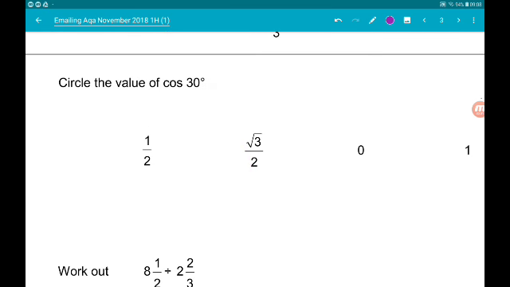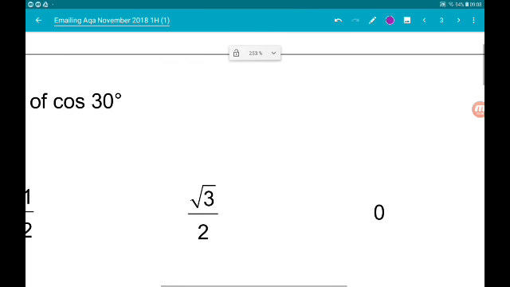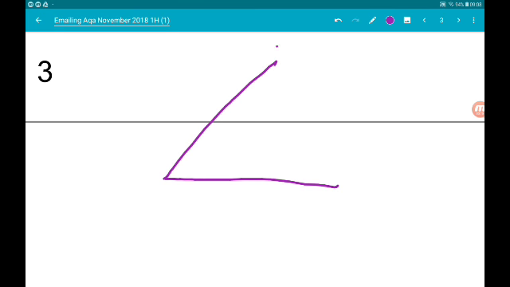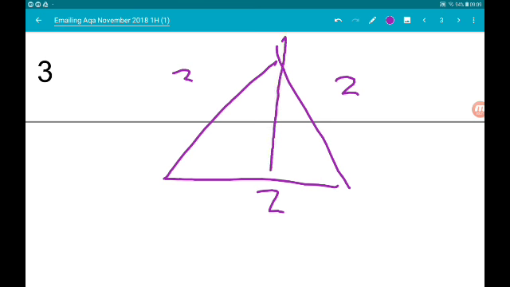Question 4 wants us to circle the value of cos 30. So it's an exact trig value. Very quick little lesson on how to do this. You start with an equilateral triangle with sides of 2. You cut it in half.